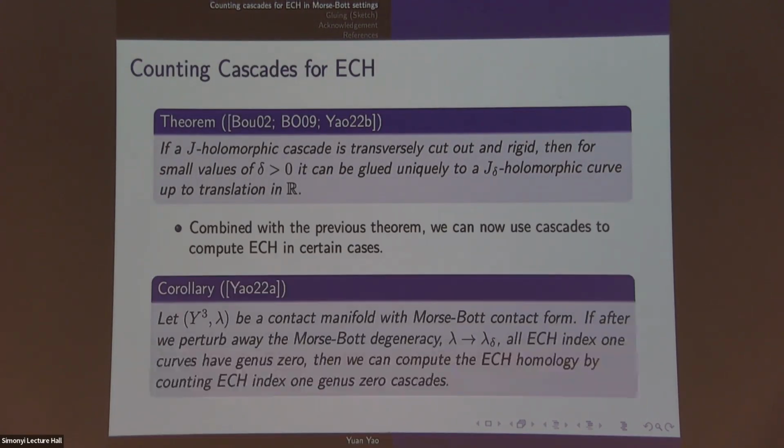Yeah. So are you saying that with this condition of genus 0, there is a chain complex whose differential counts these cascades and whose homology is exactly the non-filtered ECH? It seems that that's the corollary.